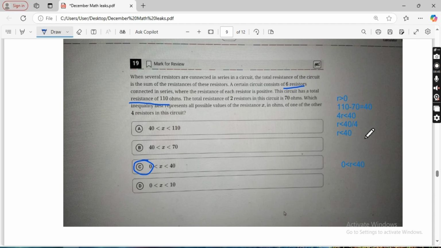It's not like that. It's not said that resistance is an integer constant, so it can be a decimal number too. So instead of R is smaller than 10, you should write R is smaller than 40. And it gives us this inequality, which is in option C. Others are wrong.